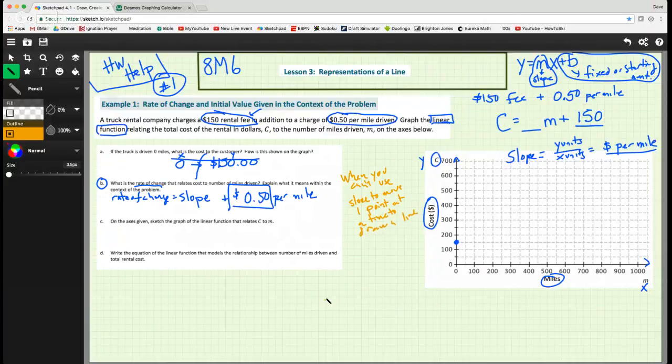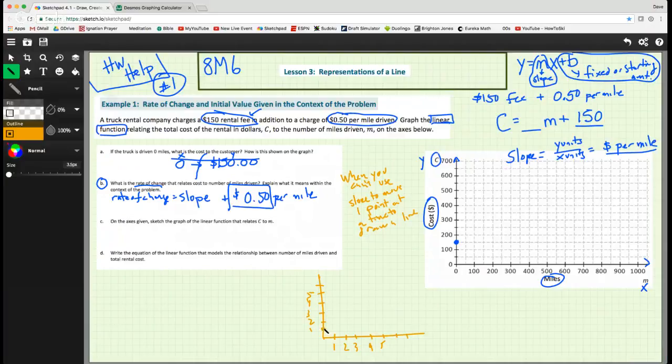Let me be really clear here. If we had a line that looked like this, and we said that this is 1, 2, 3, 4, 5, and this is 1, 2, 3, 4, 5.